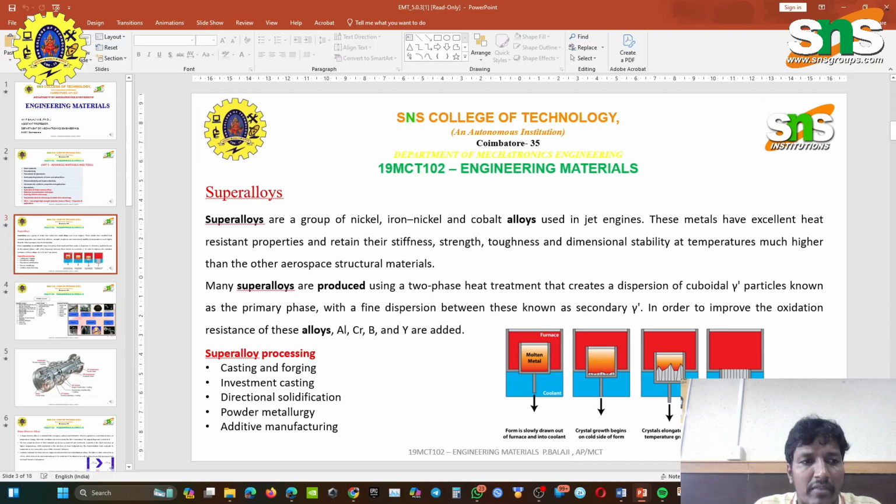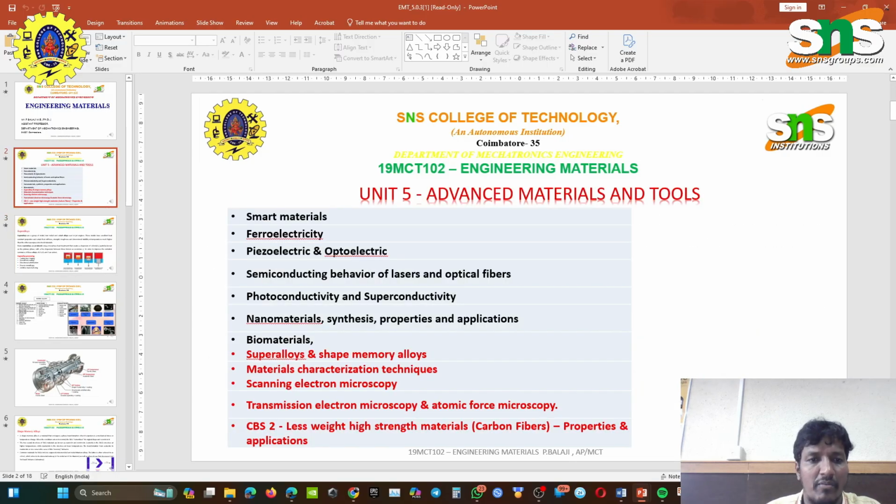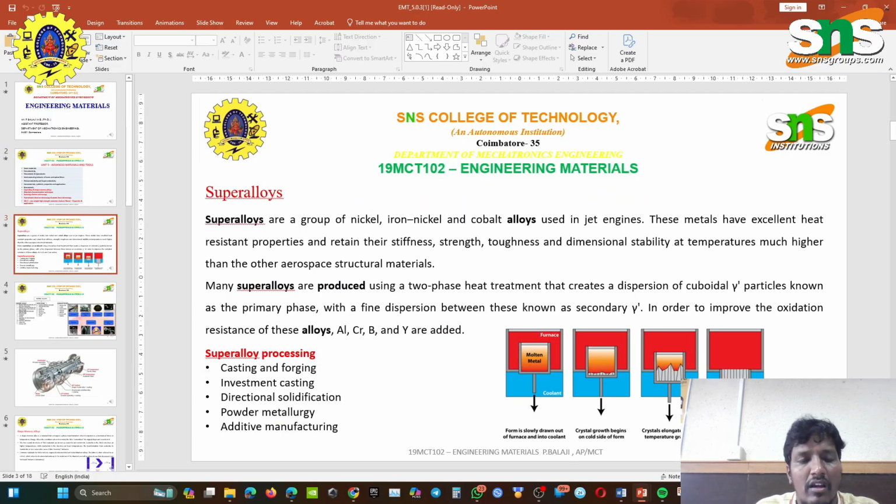In the first unit, the first topic in smart materials, we can go with the superalloys. Superalloys are a group of nickel, iron-nickel and cobalt alloys used for jet engines. This kind of material has excellent heat resistant properties, retaining stiffness, strength, toughness and dimensional stability at temperature, so we can use it for higher temperature levels.